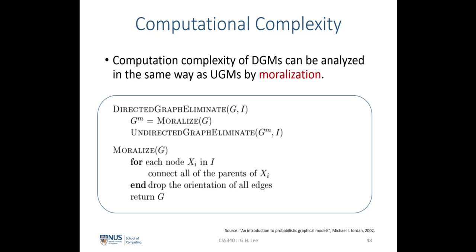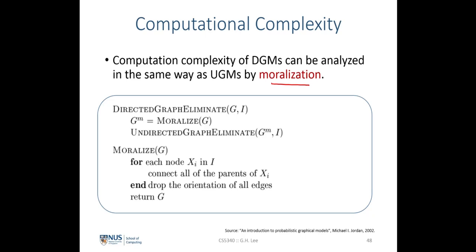It should be noted that the computational complexity of directed graphical models or Bayesian networks can be analyzed in the same way as undirected graphical models by introducing a step of moralization, which we have seen in the previous lecture, where we marry the parents of any node.